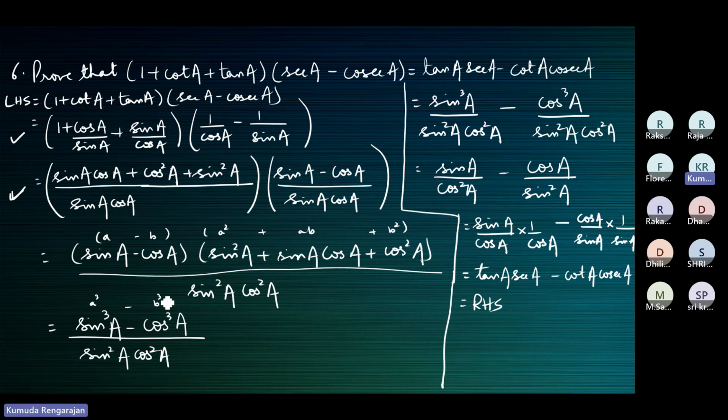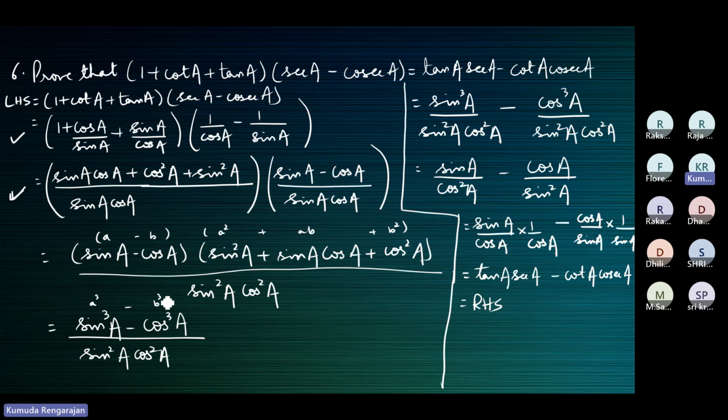When you multiply the numerators, we have a minus b into a squared plus ab plus b squared. Arrange the terms accordingly. Do not replace sine square a plus cos square a with 1, because then you will disturb the identity. So the product of the numerators is a cubed minus b cubed.